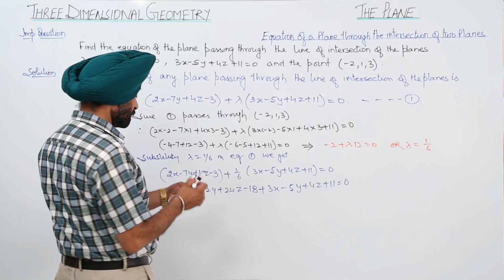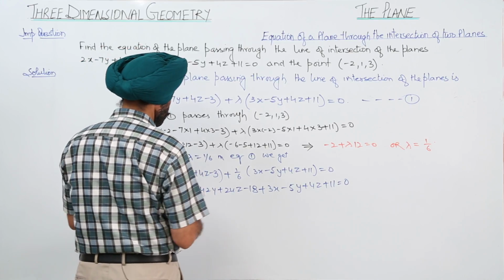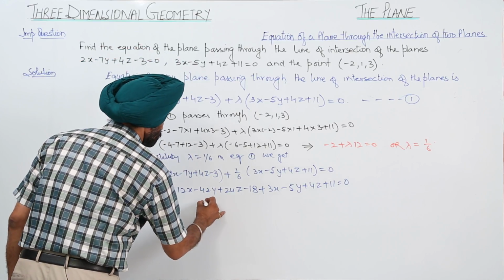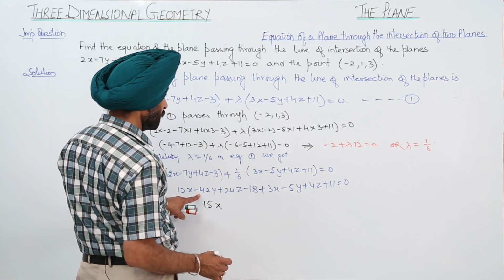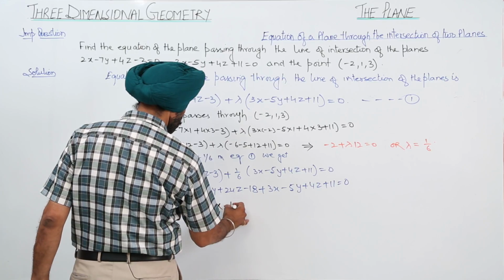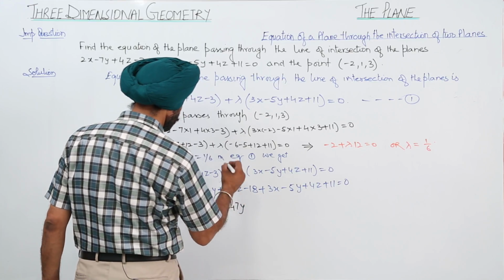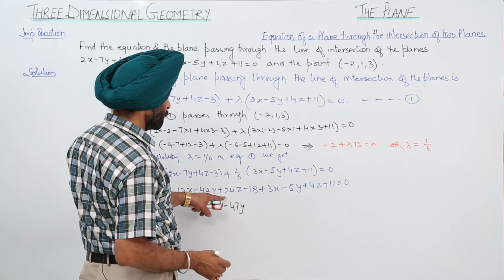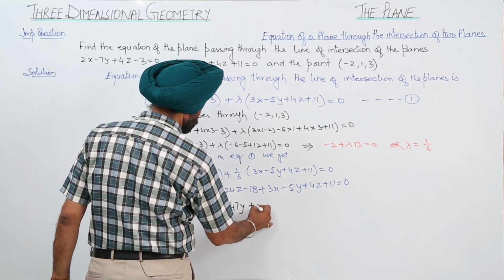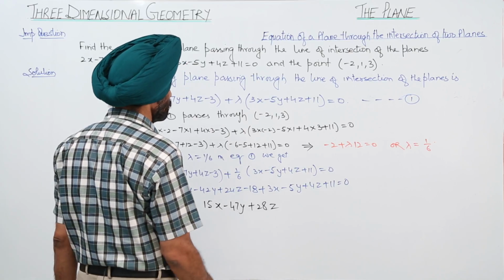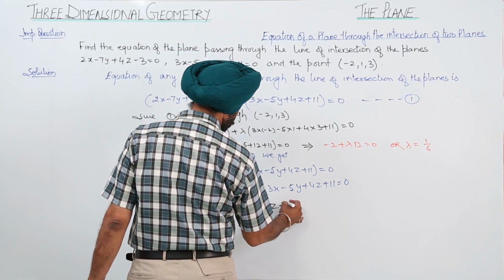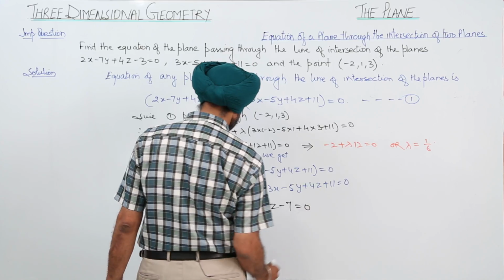Now, 12x and 3x gives 15x, then minus 42y and 5y gives minus 47y, 24z and 4z gives plus 28z, and minus 18 and positive 11 is minus 7, is equal to 0.